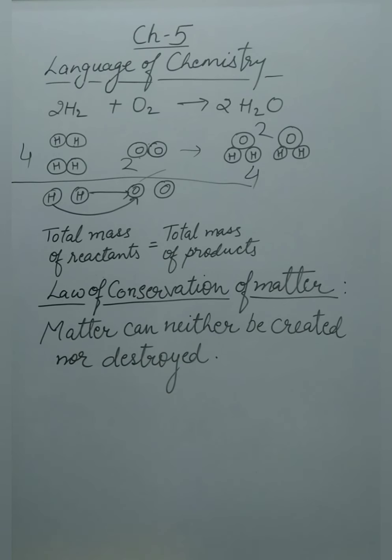This result was in confirmation with the law of conservation of matter. According to this law, matter can neither be created nor destroyed. That means we can neither create matter nor destroy it. We can only transform it from one form to another.